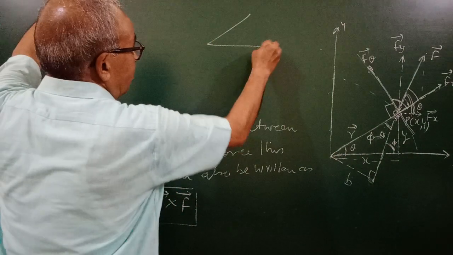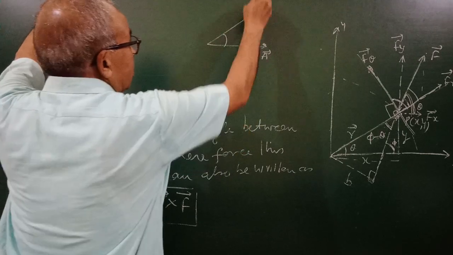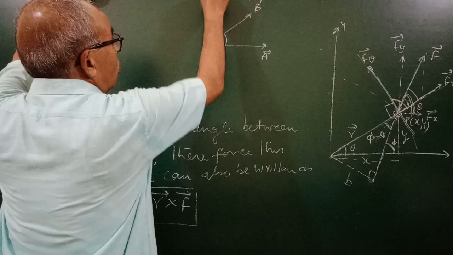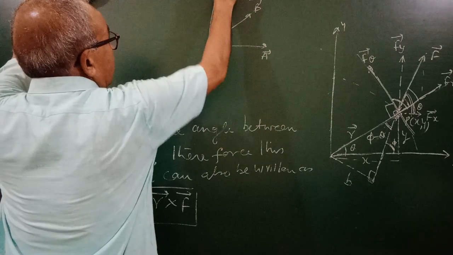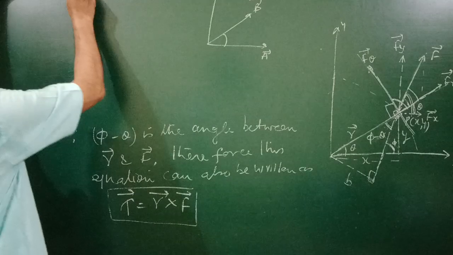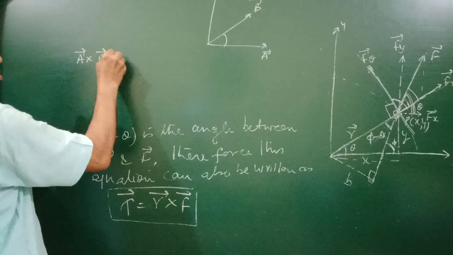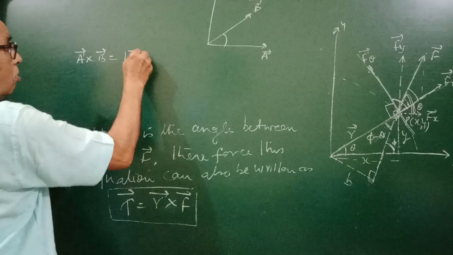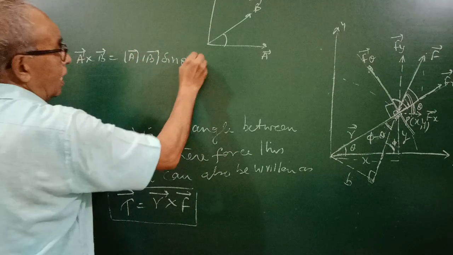If vectors A and B are there, then the cross product comes normal to the plane containing A and B. A cross B is equal to modulus A modulus B sin theta n cap.